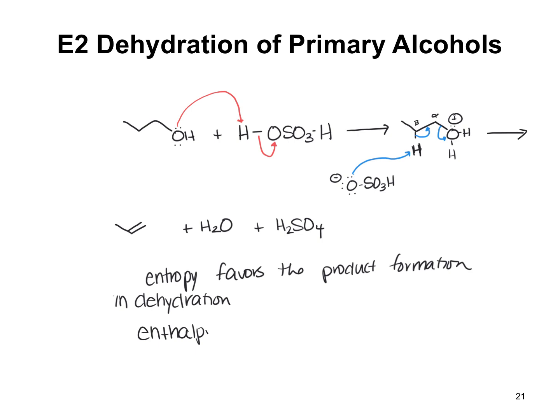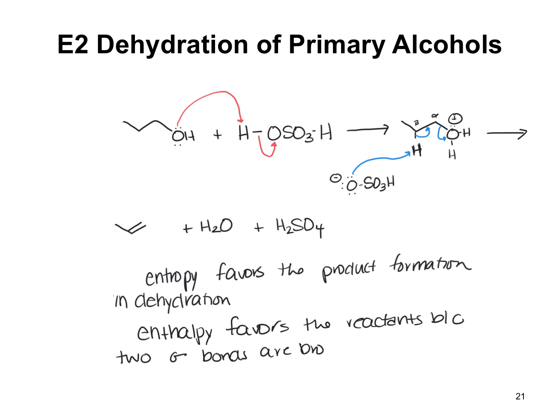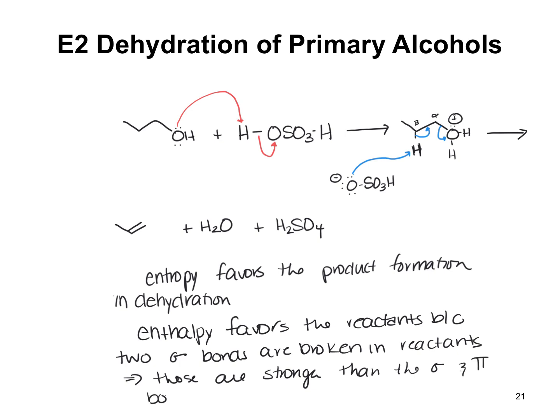So enthalpy favors the reactants because two sigma bonds are broken in the reactants, and those are stronger than the sigma and pi bonds formed in the products.